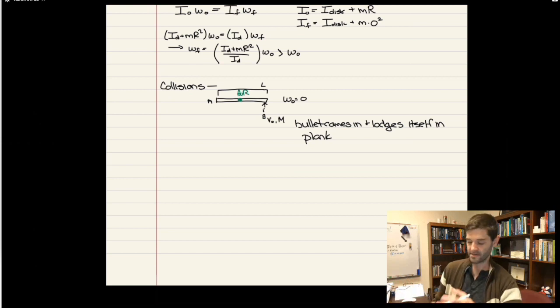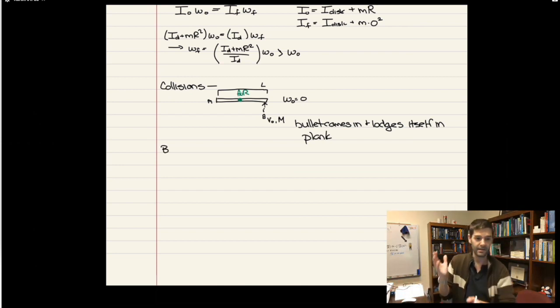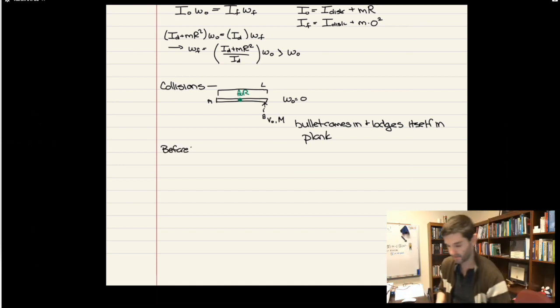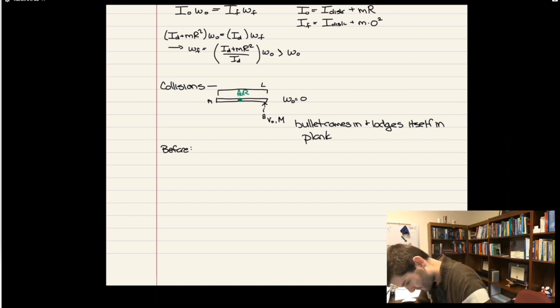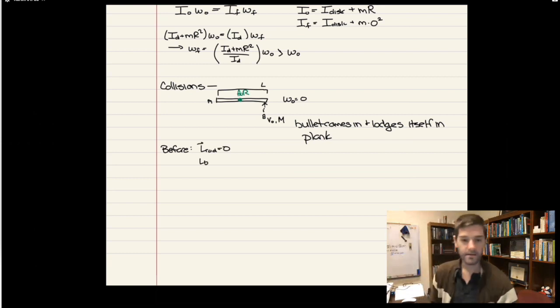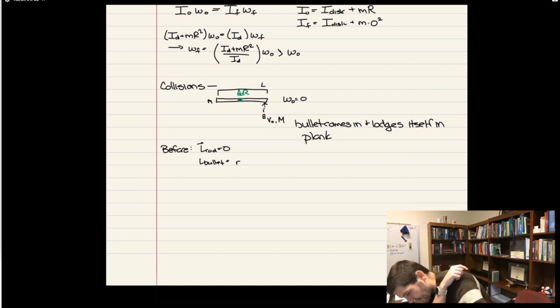I didn't really orient ourselves in terms of what direction gravity is pointing, but it doesn't matter. I can look at immediately before and immediately after and look at what is the total angular momentum. So before, the rod is not moving, so the L of the rod is 0.